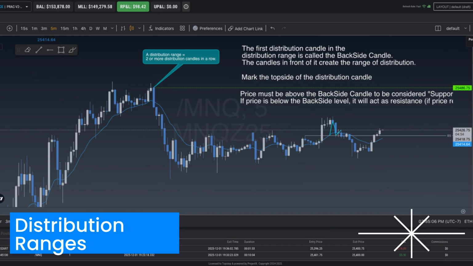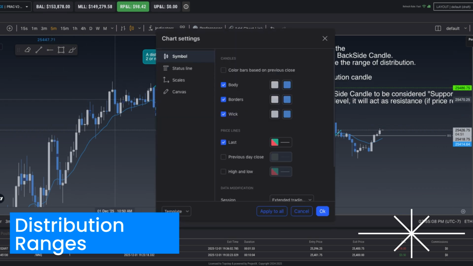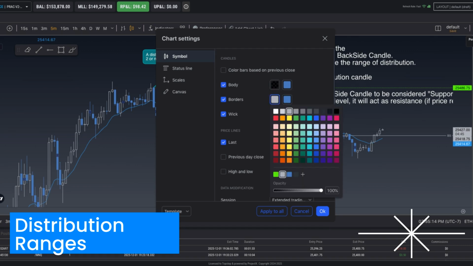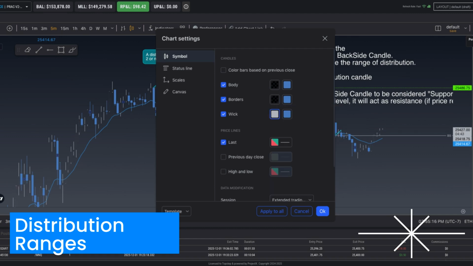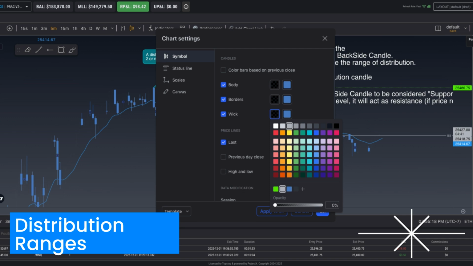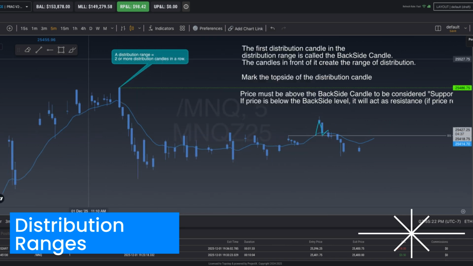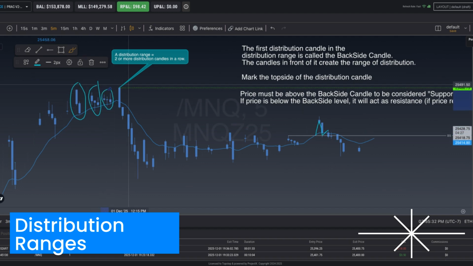To help us see it a little bit easier and to identify the ranges, we're going to turn the opacity of the accumulation candle anatomy to 0. And so now our eyes can easily identify a distribution range here, a distribution range here, a distribution range here, here.